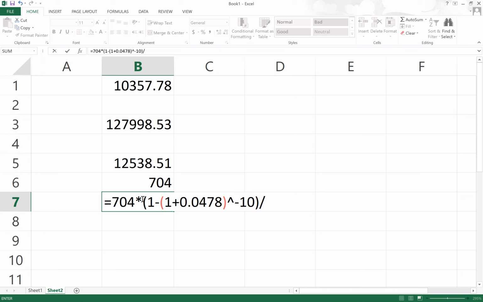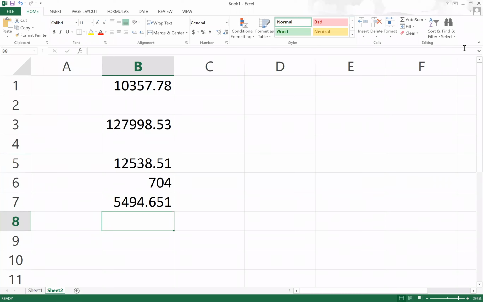For the denominator, you just divide by 0.0478. And that should do it. Let's see what that is. This turned out to be $5,494.65. That's how much this interest payment is worth right now, and that helps you determine how much you are willing to pay for the bond.